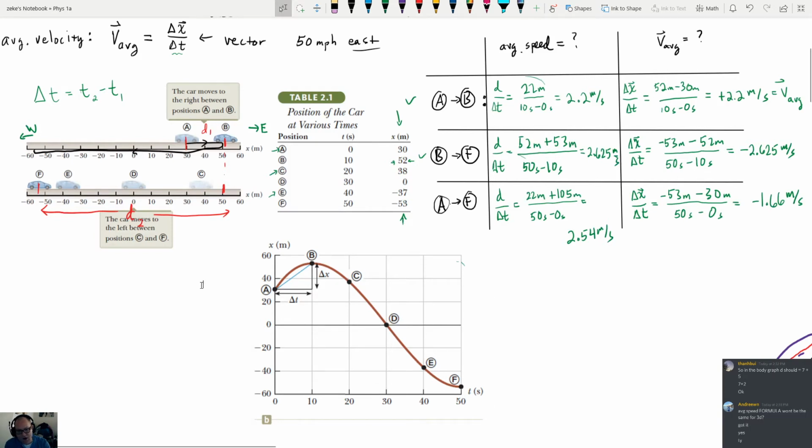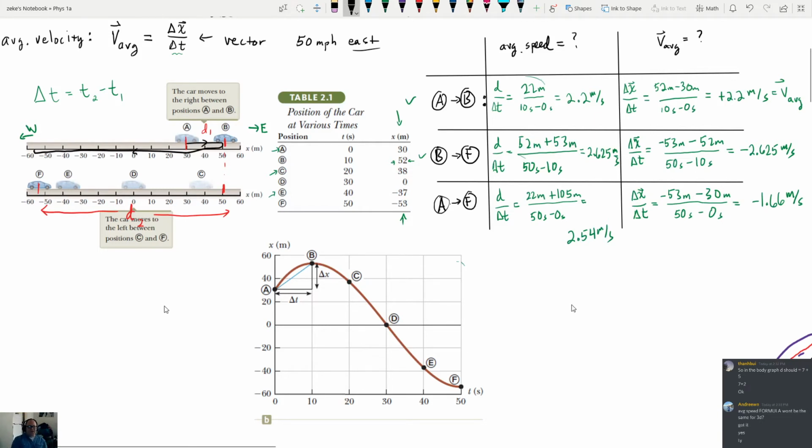Now, on such a graph, what we can do is if we connect 2 points, like point A to point B, like this right here, then that blue line right there is going to have a slope. And if you calculate the slope, then you're going to get change in x over change in t, which is going to tell you the displacement, basically, right?